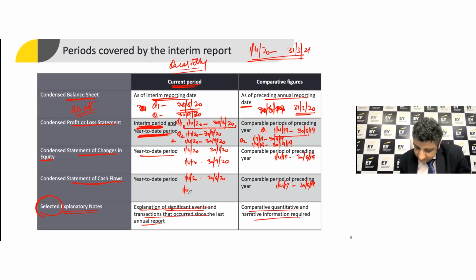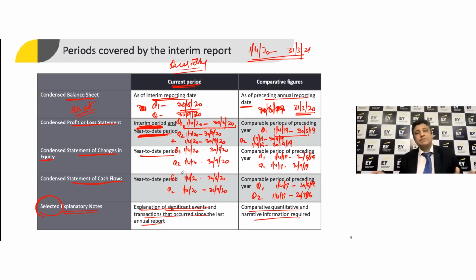The same case with the statement of cash flows, right? And comparable periods also, 1/4/19 to 30th September 19. So this is Q2, Q1 information, right?